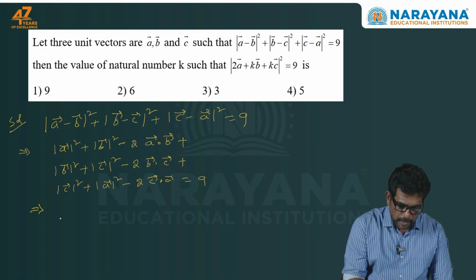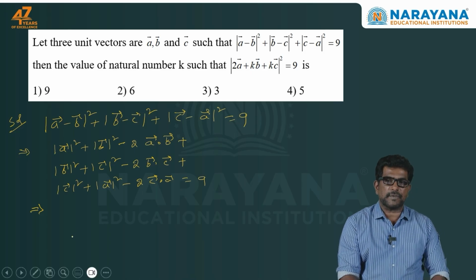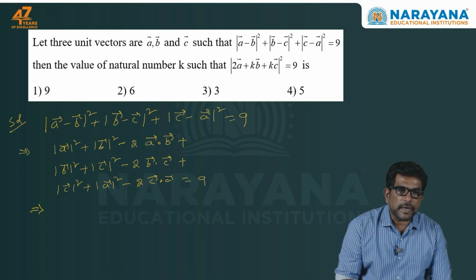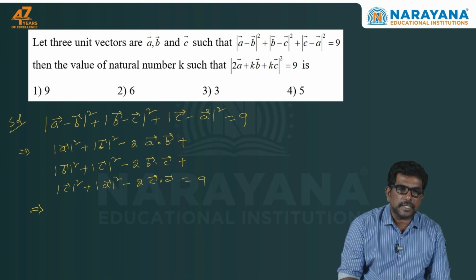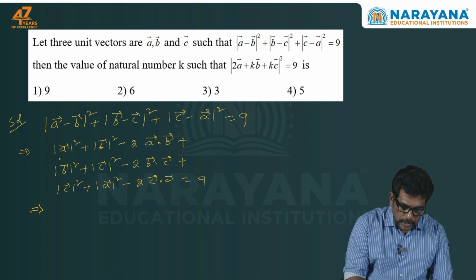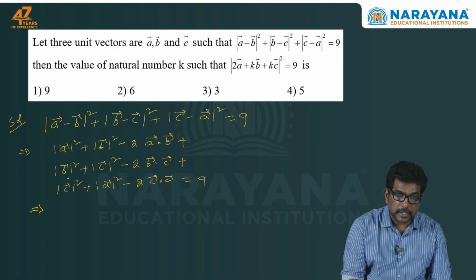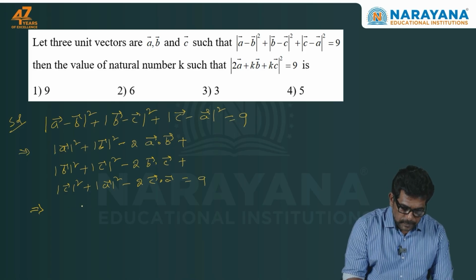Now a bar, b bar and c bar are unit vectors, so you know that the magnitude of each vector is 1. So the sum of the squares becomes 6, and 6 minus 2 times a bar dot b bar.